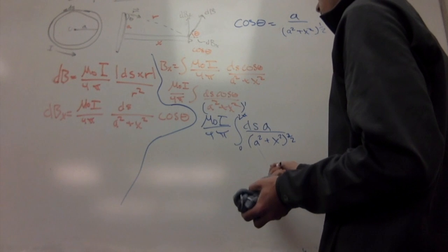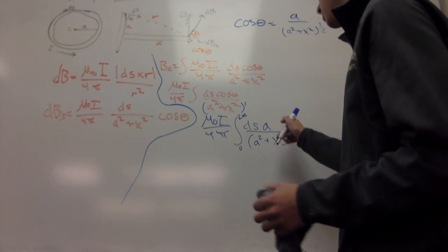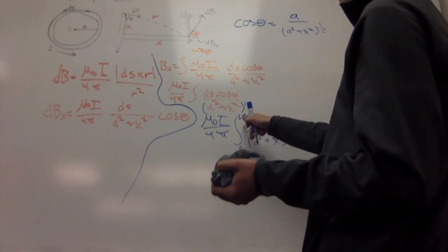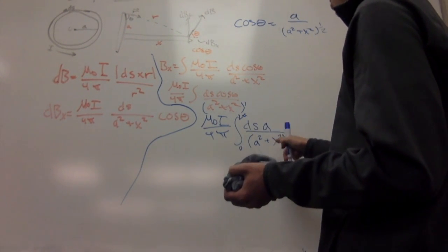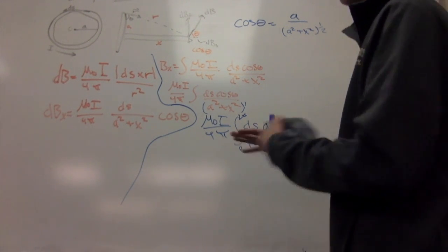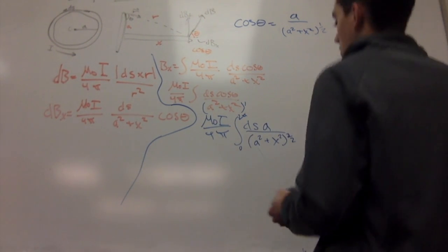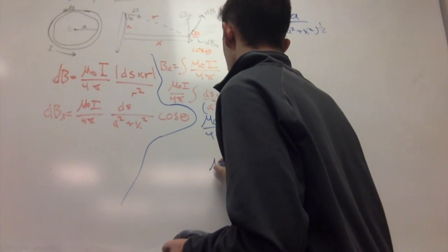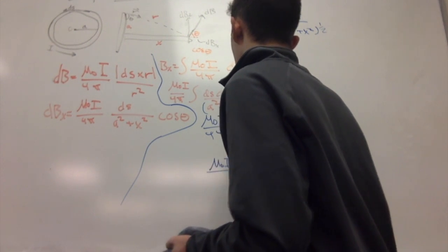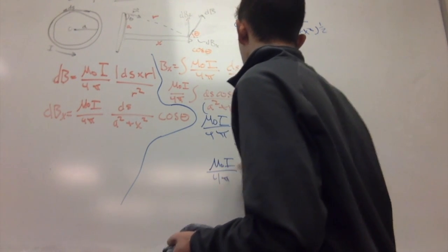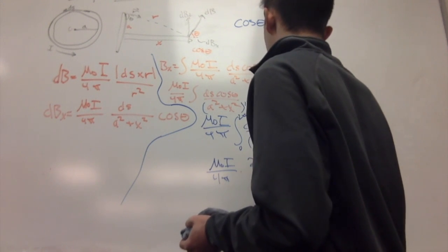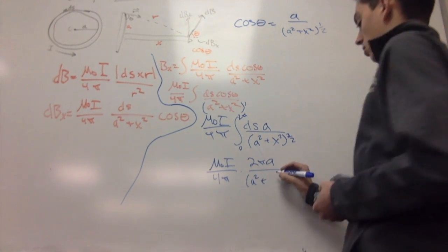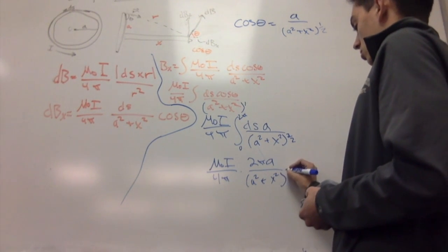All that ends up happening here is us adding a 2 pi onto this equation, because if we added a 0, it would make everything 0. Because all this is doing is adding this s constant, that becomes 2 pi. So this really just becomes the constant I over 4 pi times 2 pi a over a squared plus x squared to the 3/2.